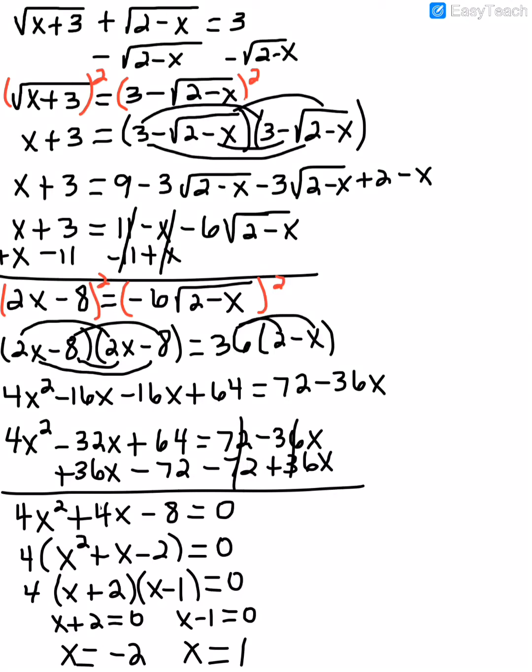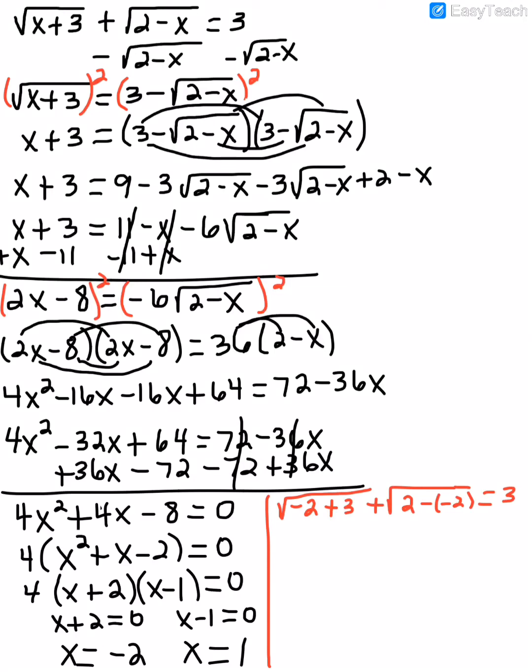Now remember, when we're dealing with radical equations, we have to check to see if our solutions are extraneous. So I'm going to check that first solution, the -2, in my equation and see if it works. If I plug -2 into my original equation, -2 plus 3, plus 2 minus a -2, equals 3.